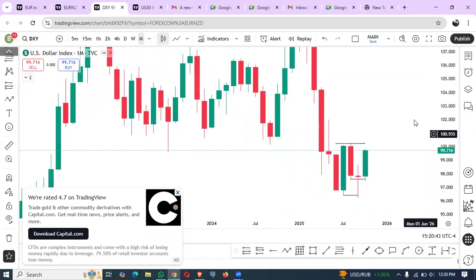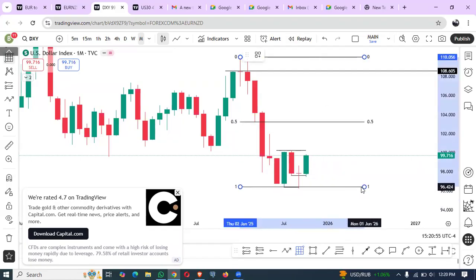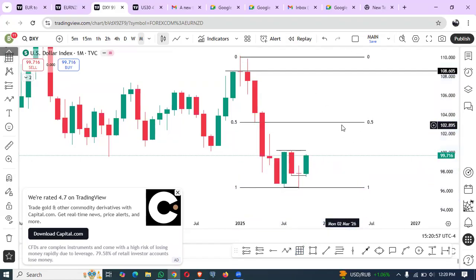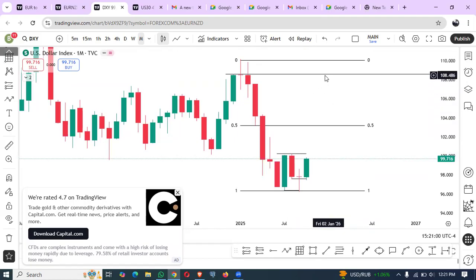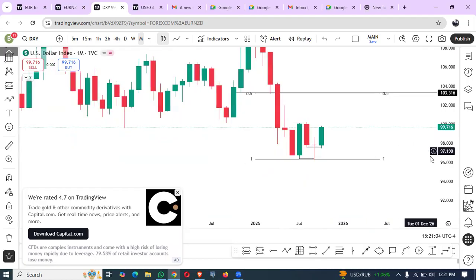I don't want to teach you plenty of things. Most likely the market will come to 50% of this zone. I'll show us how to use this much later. If you use your Fibonacci tool, mark the high of that zone and the low. The market most likely should come to the 50% before any reversal happens.